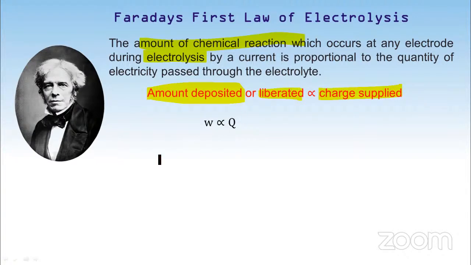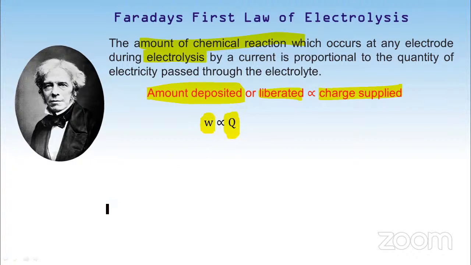We have connected a battery and we are doing the process. How much current or charge is passed determines the deposition of copper on the cathode. Step by step, the weight of copper deposition is directly proportional to the charge.